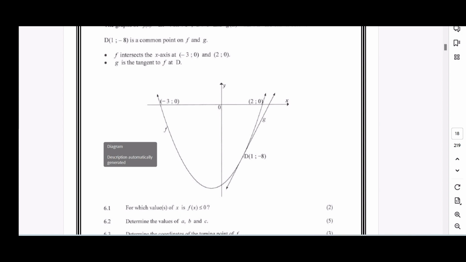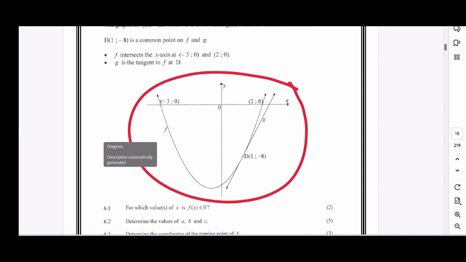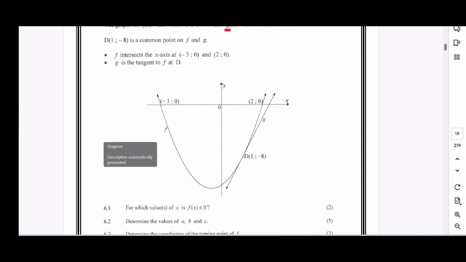The first thing that we are given in the statement is that f(x) = ax² + bx + c. They've just given us the general form of a parabola, not the exact equation of the parabola that is sketched here.